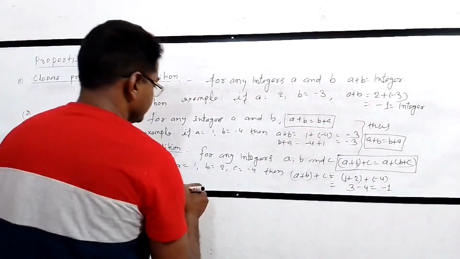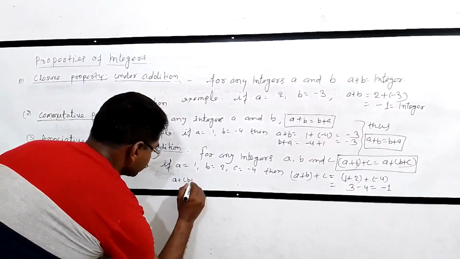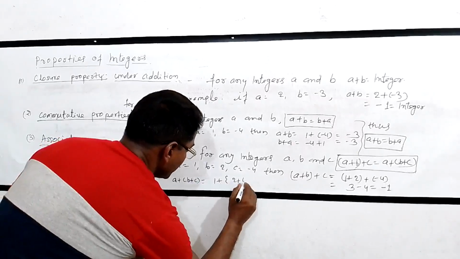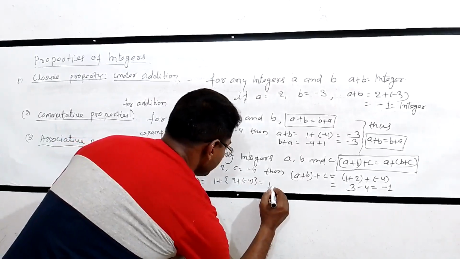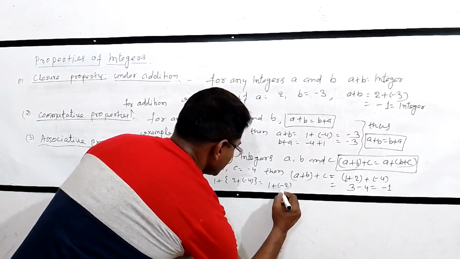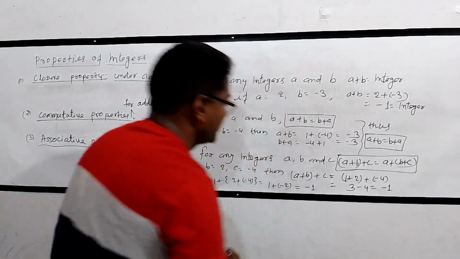And a plus b plus c is equal to 1 plus 2 plus minus 4, which is equal to 1 plus minus 2, which is equal to minus 1.